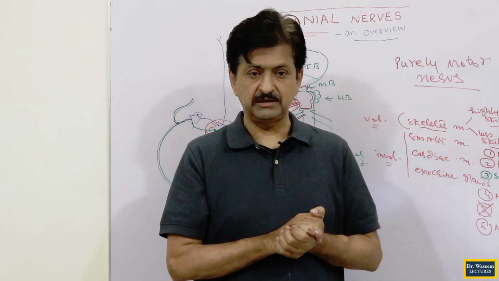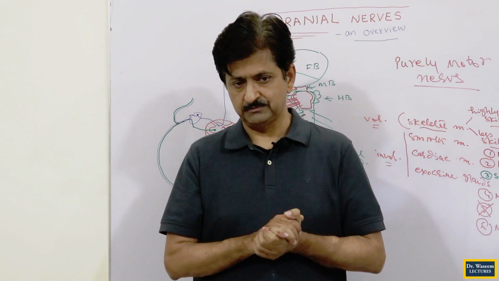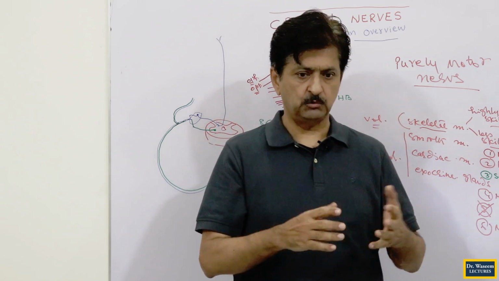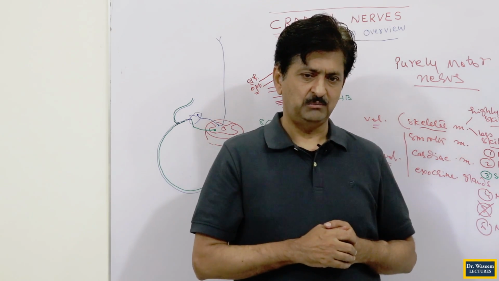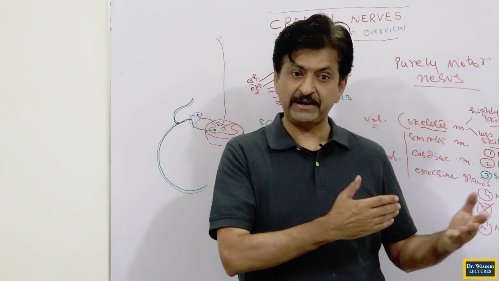And not the 9th and 10th obviously, not the 12th and 11th as well, and surely not the olfactory, but almost all the nerves. Not olfactory, not 9 and 10, 11 and 12, not the last 4.